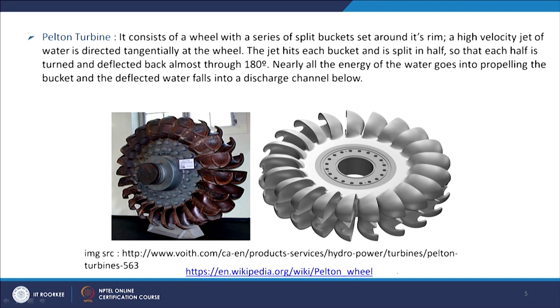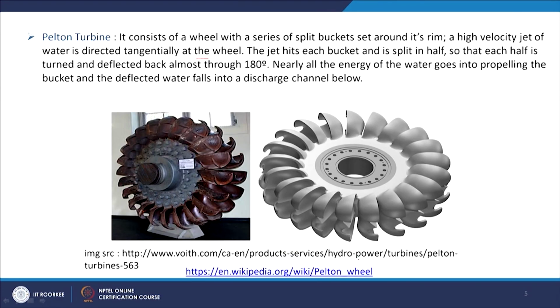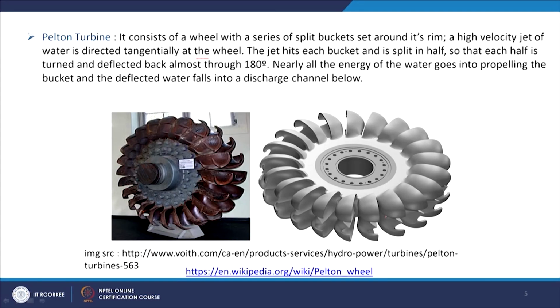A high velocity jet of water is directed tangentially at the wheel, just like here. The jet hits each bucket and is split in half, so that each half is turned and deflected back almost through 180 degrees, and nearly all the energy of the water goes into propelling the bucket.